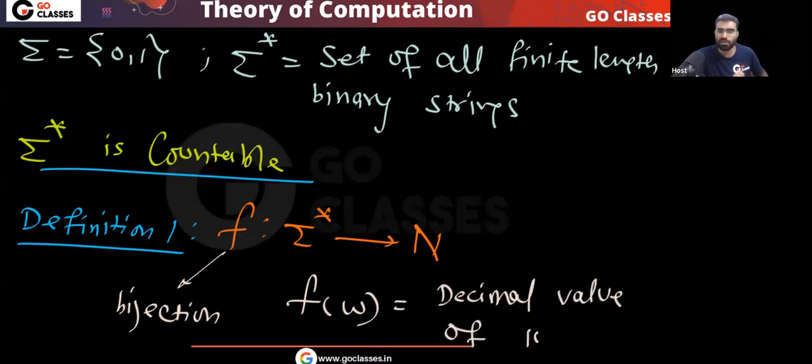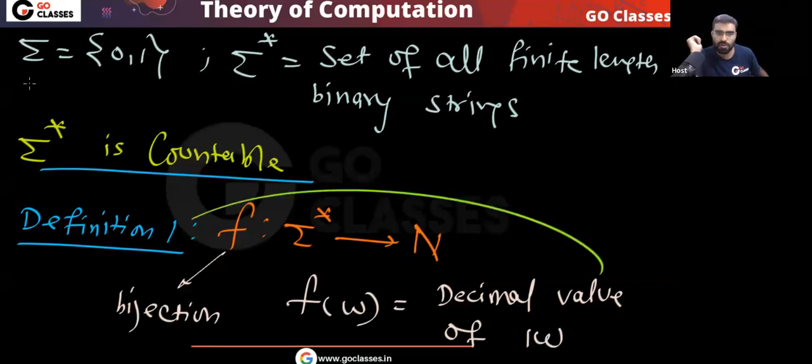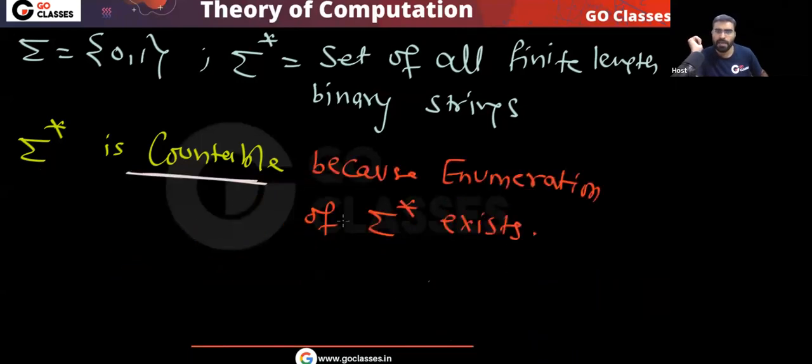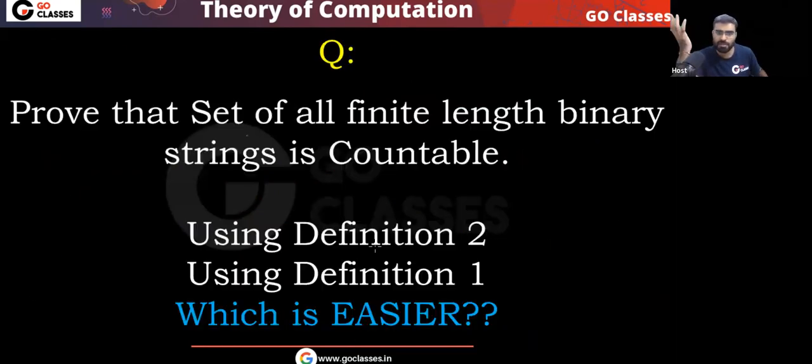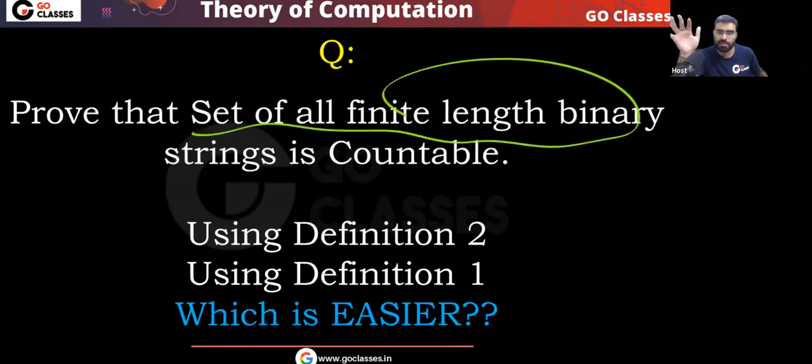Tell me one simple question I'm asking. If I give you this question, the set of all finite length binary strings is countable, which is easier for you to think of in the GATE exam?